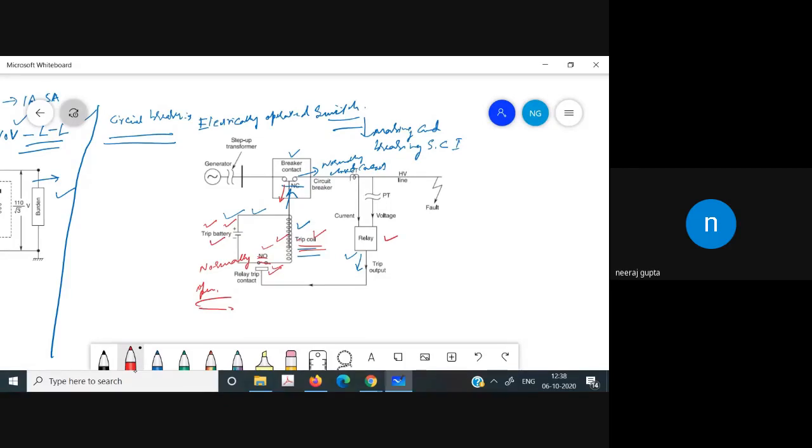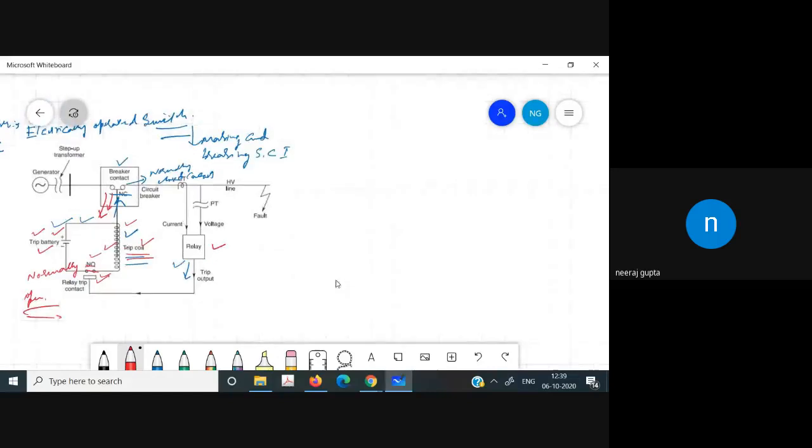These contacts energize the trip coil, and as a result the normally closed contact is released and becomes an open contact. So this is the schematic of the circuit breaker. The different details of the circuit breaker we can discuss in the subsequent lectures. Now next is the organization of the protection system.